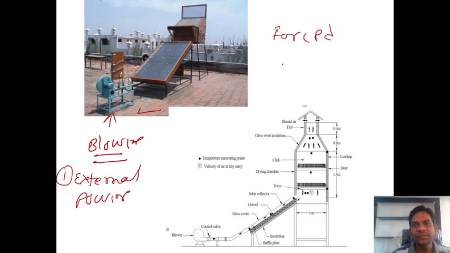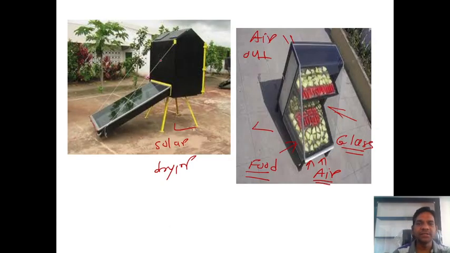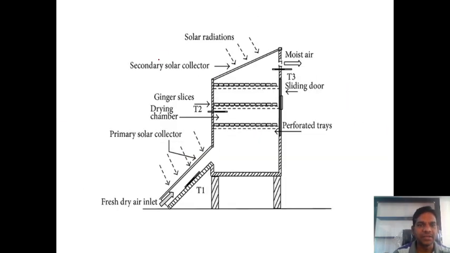This is the forced solar dryer. फोर्स क्यों नाम रखा इसके अंदर, क्योंकि हम यहाँ पे एक्सटर्नल डिवाइस यूज कर रहे हैं, ब्लोअर. तो with the help of the blower, a larger quantity of the air is circulated inside the solar dryer, guys. A larger mass flow rate of the air is circulated inside the solar dryers. That's why it is called the forced circulation dryer, guys.